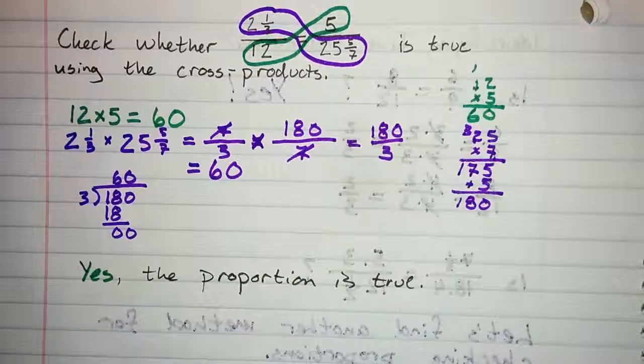All right, just a quick remark on cross-multiplying. There is one time ever in your life that you will want to cross-multiply, and that is only when you are checking whether a proportion is true or trying to find a number that makes it true.